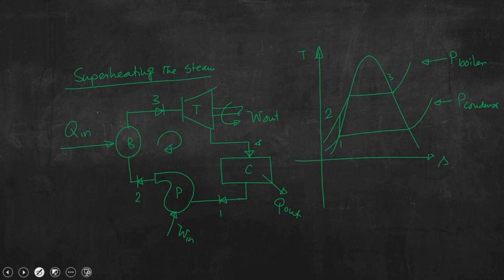Now, if we allow steam to expand in the turbine from point 3, we get point 4. So, this is basically what we have seen in the context of the simple Rankine cycle.